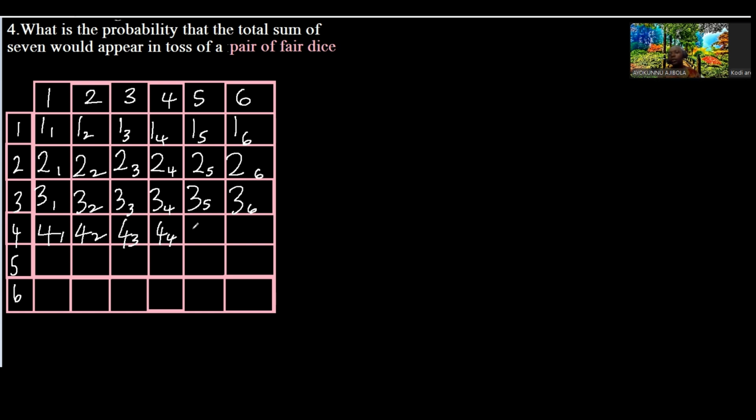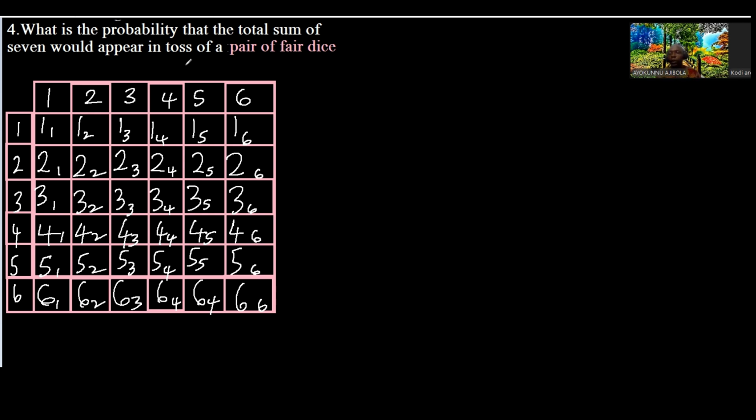These are the sample space, that is the possible outcomes, okay? Yes, sir. 5,1, 5,2, 5,3, 5,4, 5,5, 5,6, and 6,1, 6,2, 6,3, 6,4, 6,5, and 6,6. That's what they call double six.